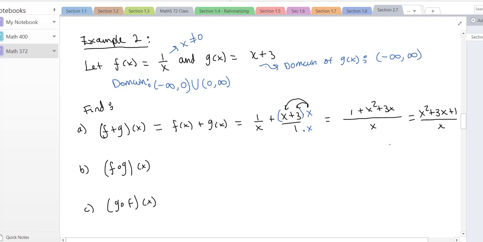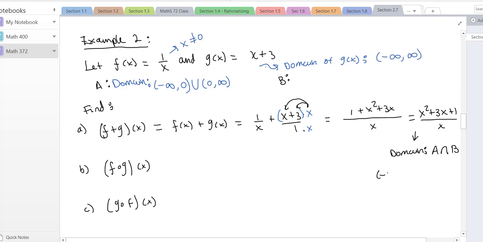And so what is the domain of this function? Right, the domain, notice that x can't be 0 again. But as in the previous example and in your book, it says the domain is the domain of f intersect with the domain of g. Right, so if I call this A, the domain of f, and B, the domain of g, the domain is the intersection of the two.